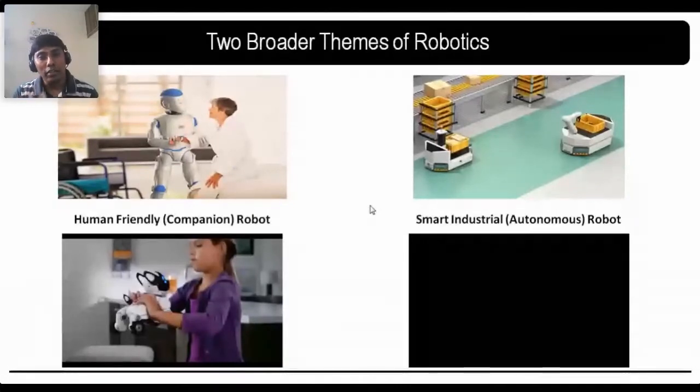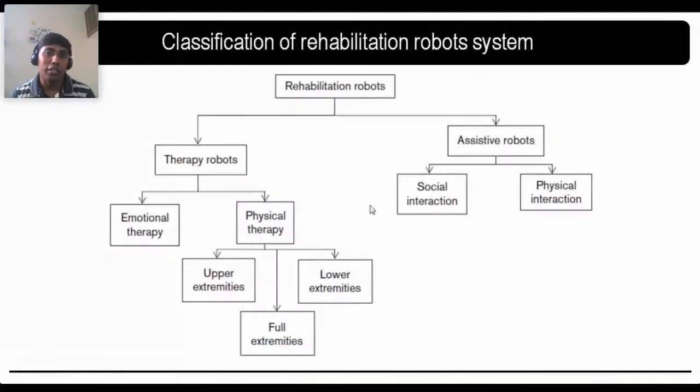But if you talk about this in a broad sense, we will come back to where rehabilitation comes into place. When we talk about rehabilitation, there are two broad classifications. One is to enhance your human body, anatomy or neurons, so you can do some kind of therapy.